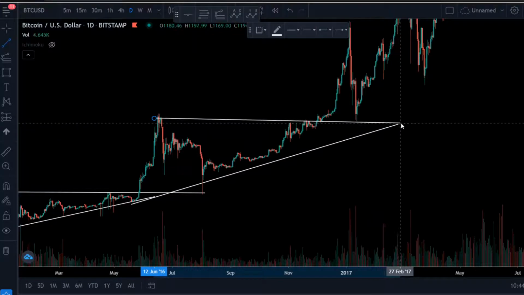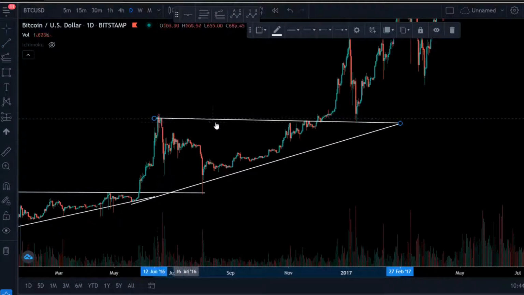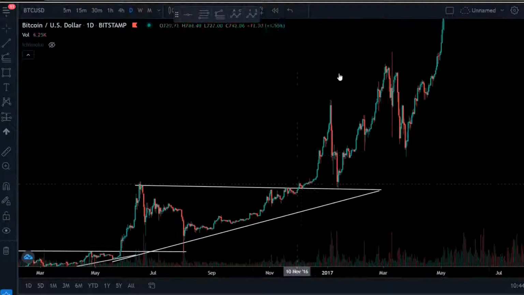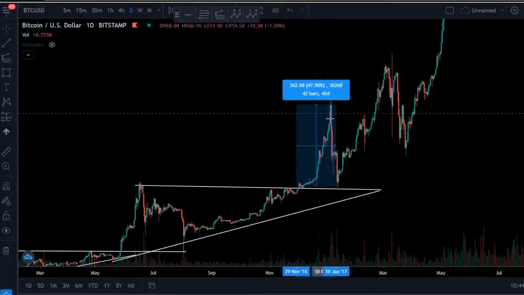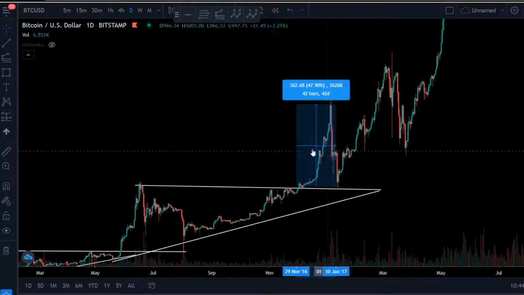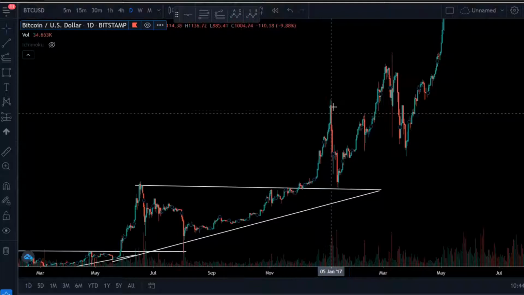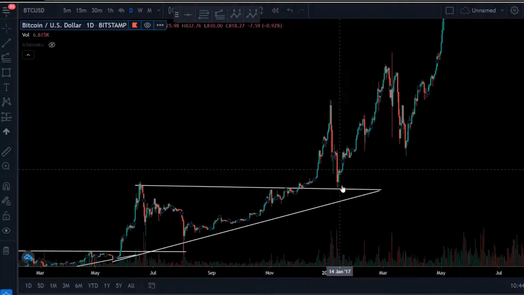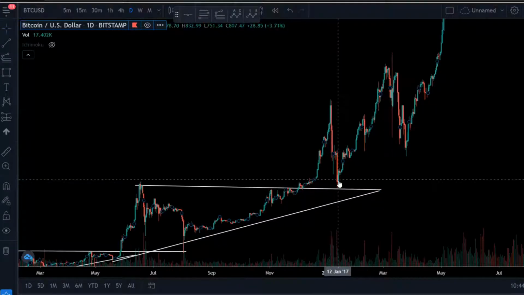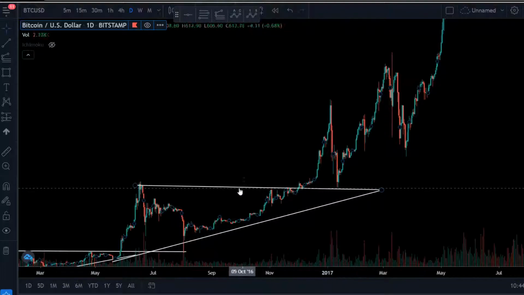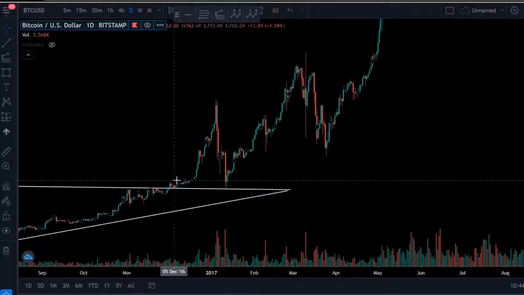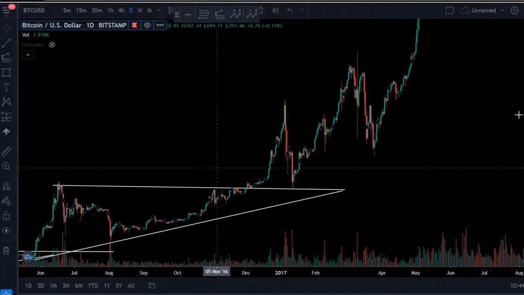Another ascending triangle, clear resistance at the top of the triangle, huge breakout, getting overly exuberant, people FOMOing in, and then selling pressure, a dump back to the resistance turn support. You see that? How it's always working out again and again.